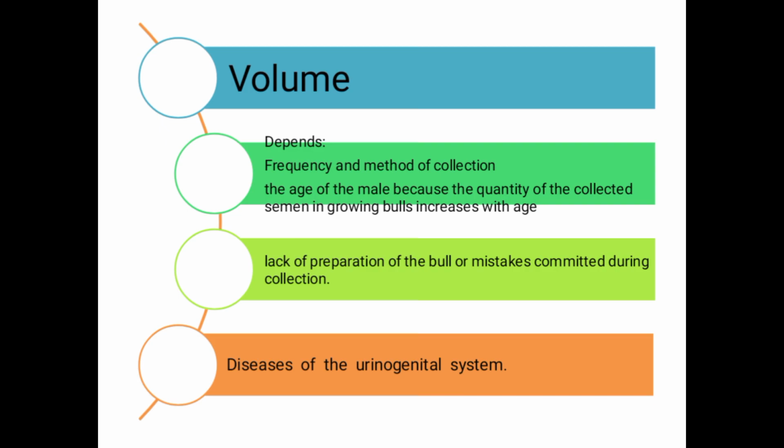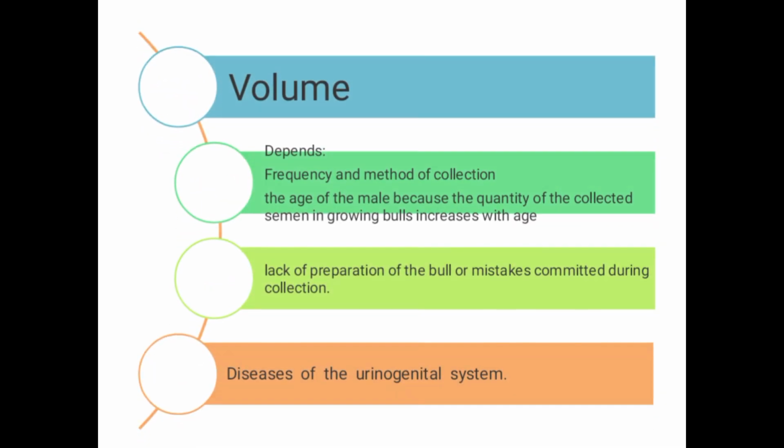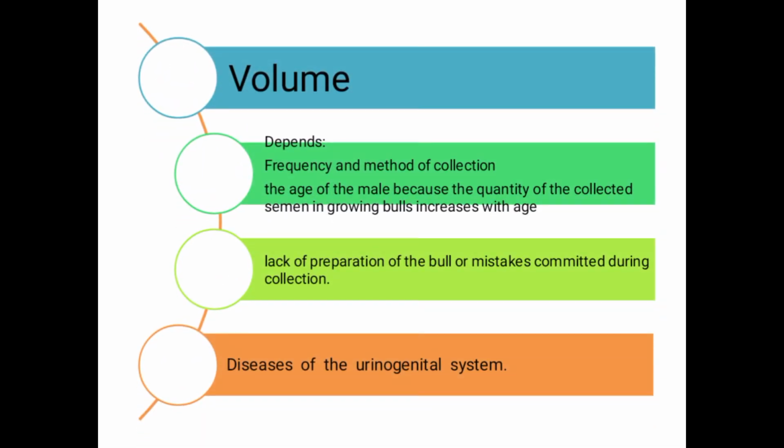Lack of preparation of the bull or mistakes committed during the collection may influence the volume of the semen, and diseases of the urogenital system greatly influence the production as well as the ejaculation of the semen from the reproductive tract. The parameters shown here are of great importance to be considered while further evaluating or processing the semen.